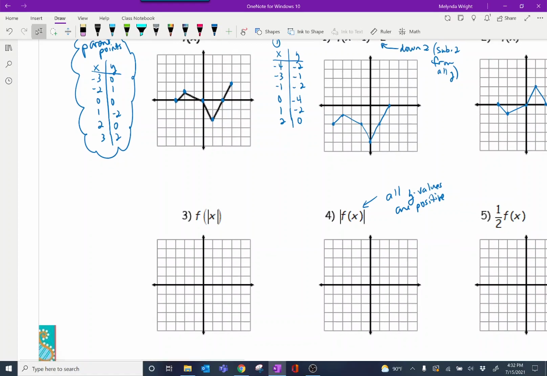All right, so this is number 4. So the x's haven't been changed, they're all the same. The y's are all positive or 0. Okay, so let's graph that.